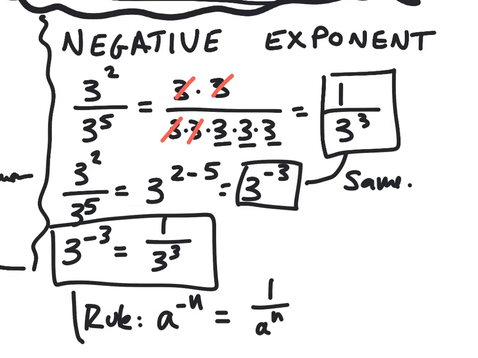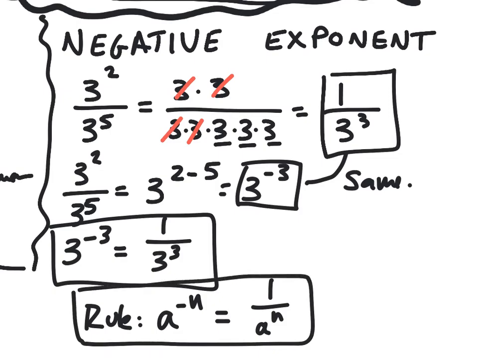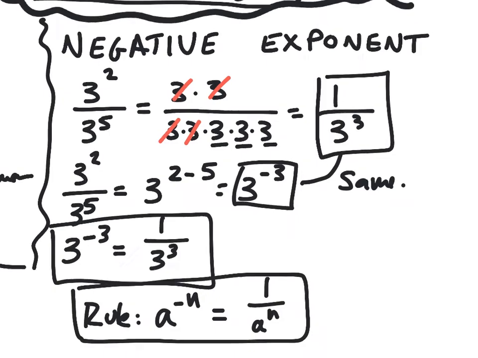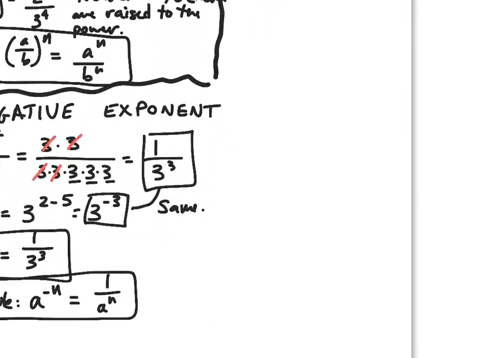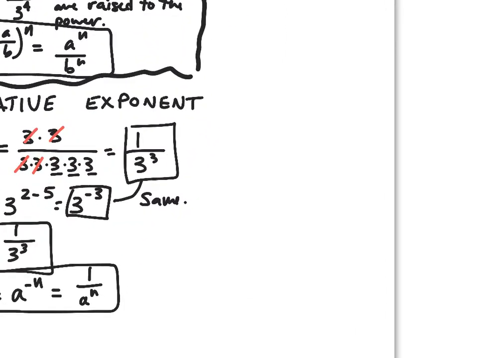And that's my rule. The general rule of thumb with a negative exponent, let's just talk about this.